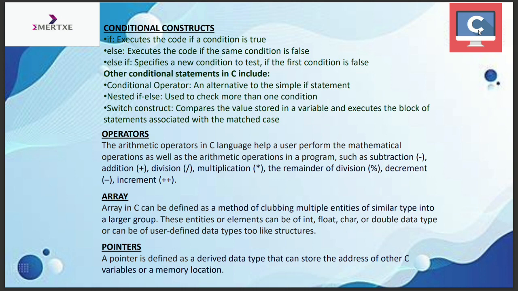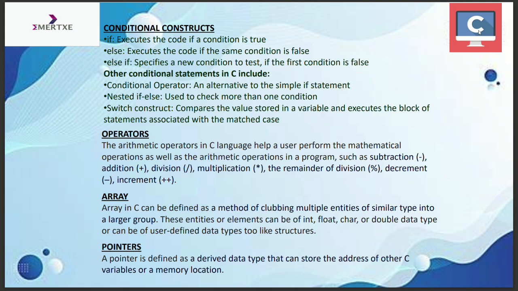Else executes the code if the condition is false. When the if condition is false, the else executes the code after that. Else if specifies a new condition to test if the first condition is false, and then it gives the second condition.